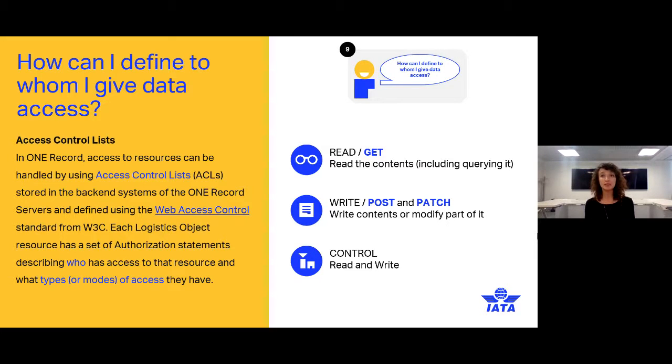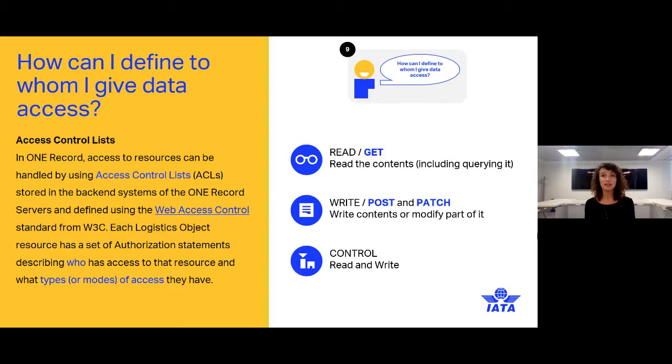This access control list defines in One Record three modes. They are called read, write, and control. For the read, as it already says, it reads the content of the logistics object, including querying it. It's mostly for the GET endpoint.